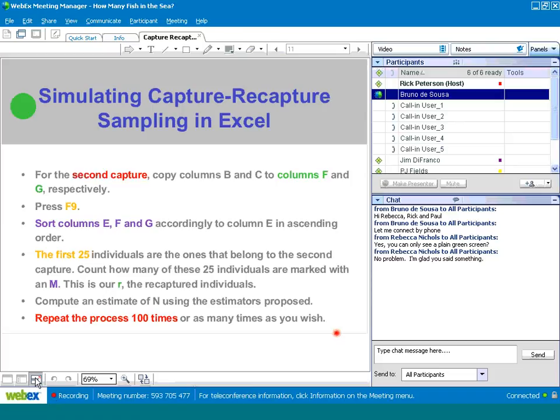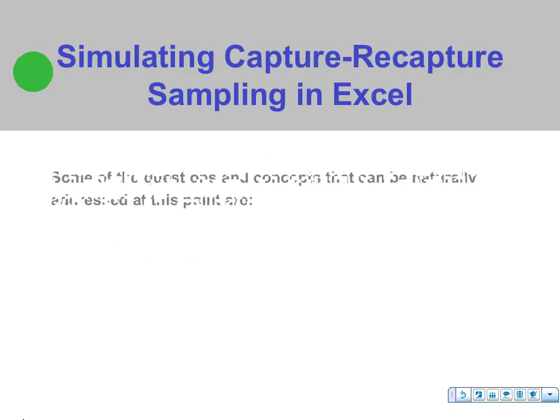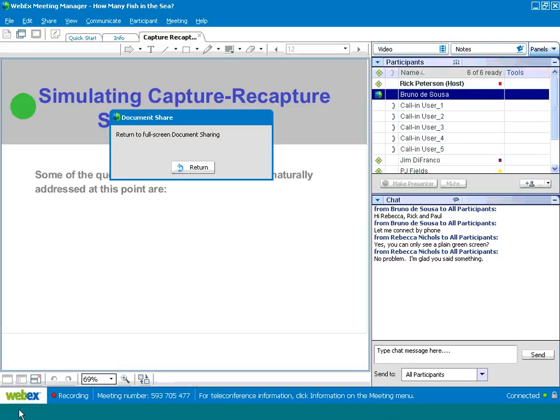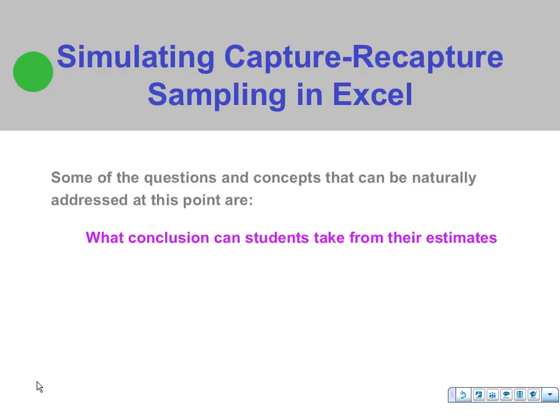So let me go back to the presentation now. And basically, at this time, you can address many questions to your students, depending on the level they are in terms of statistics. You can ask them, with their 4 or 5 simulations, what conclusions can students take from their estimates?